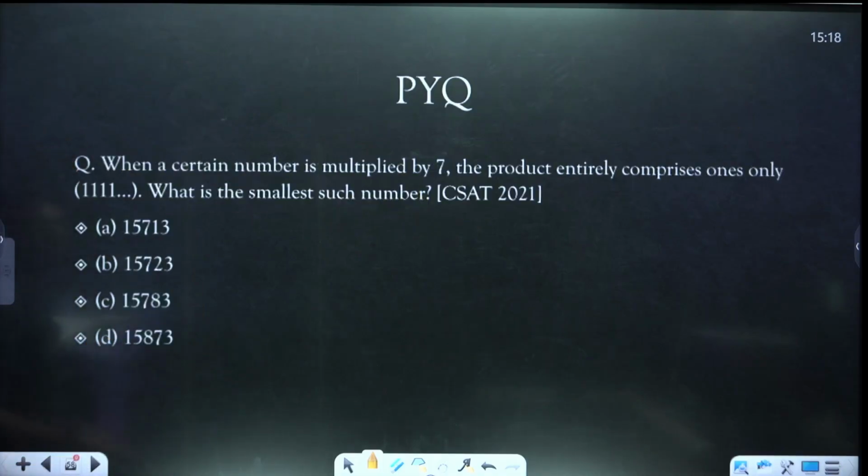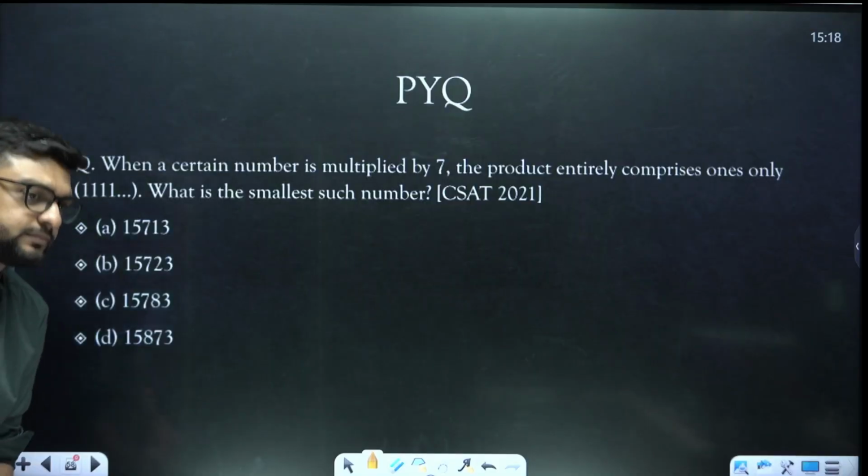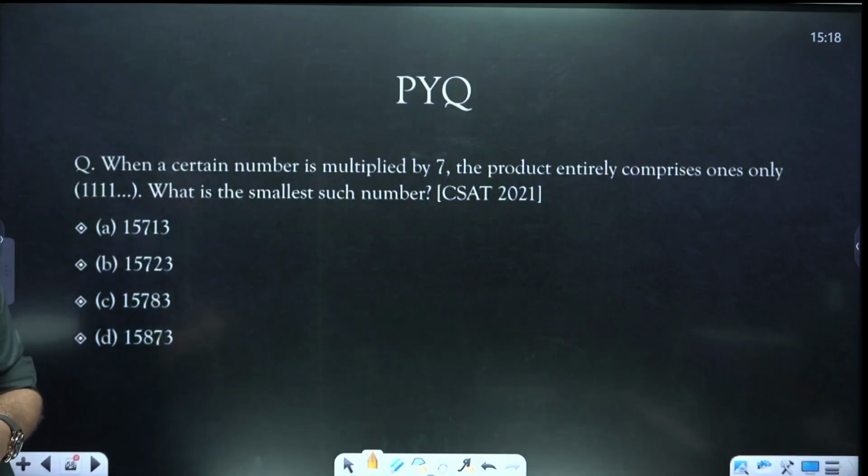Last. When a certain number is multiplied by 7, the product entirely comprises only of 1111. What is the smallest such number?